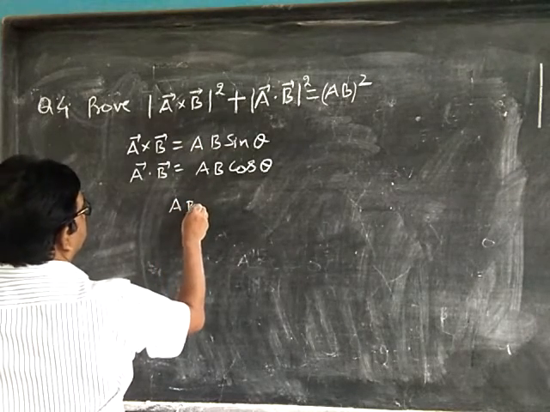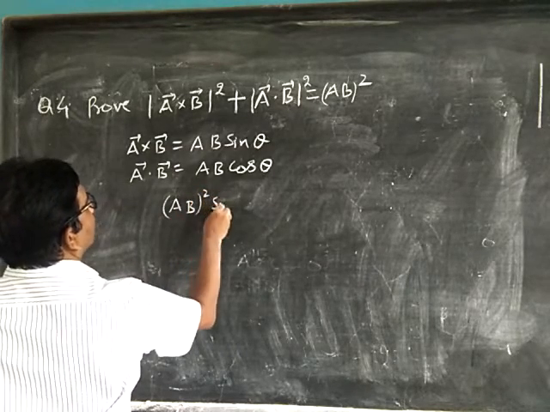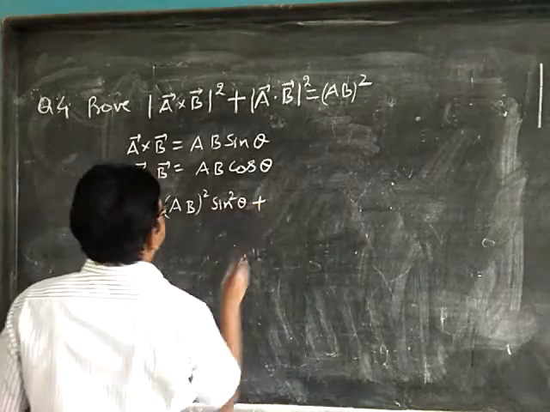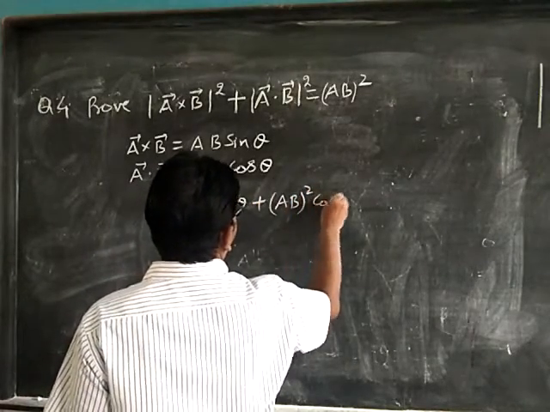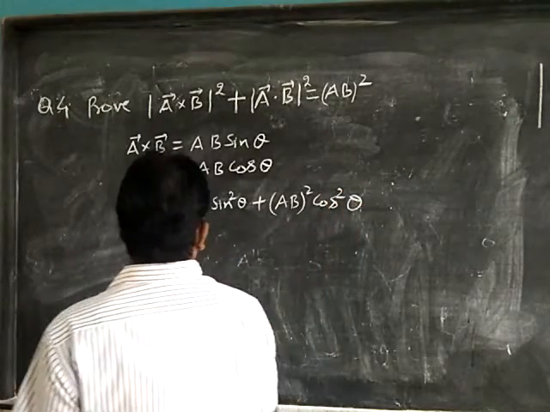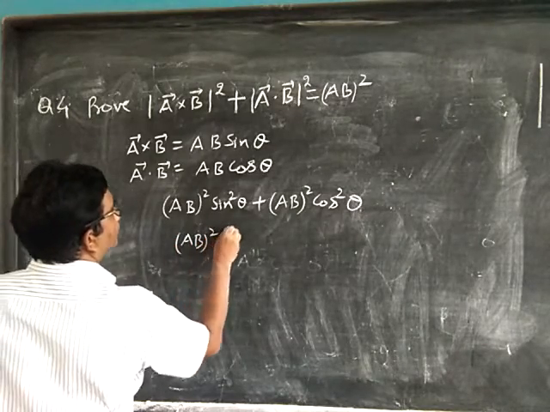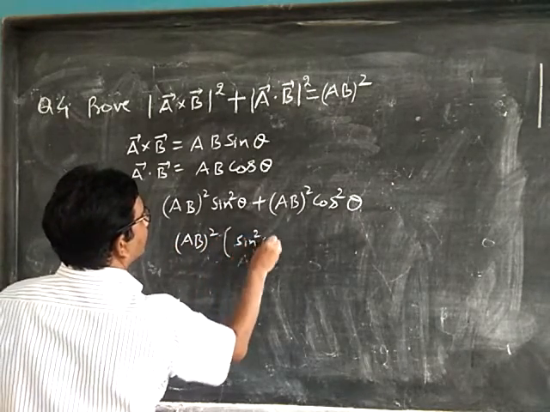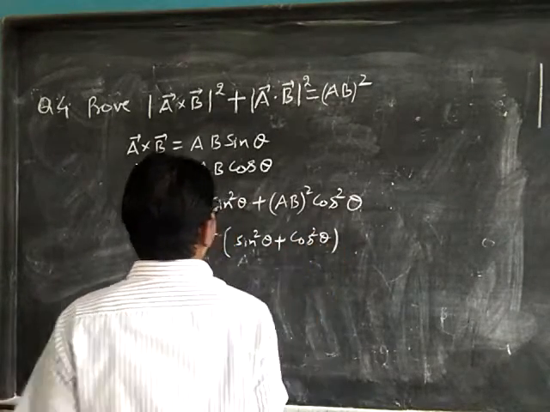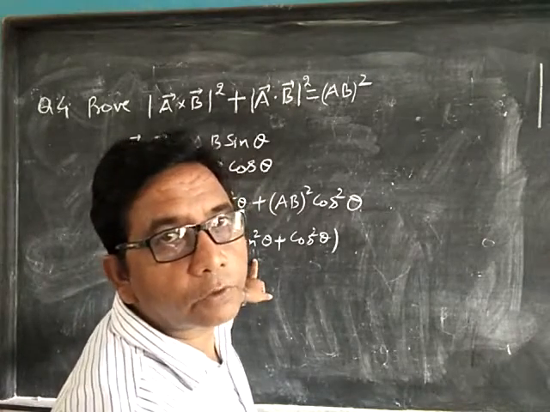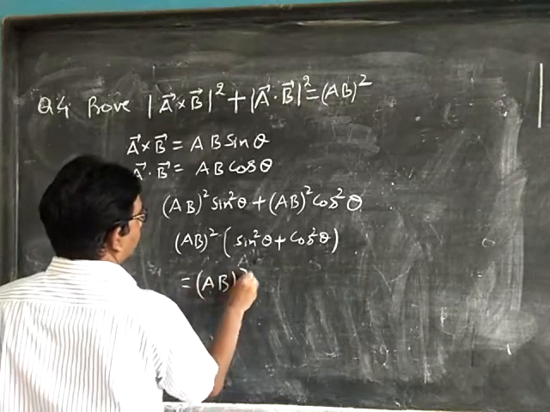AB sin square theta plus AB cos square theta, common AB whole square, sin square theta plus cos square theta. Sin square theta plus cos square theta is equal to 1, that is AB whole square.